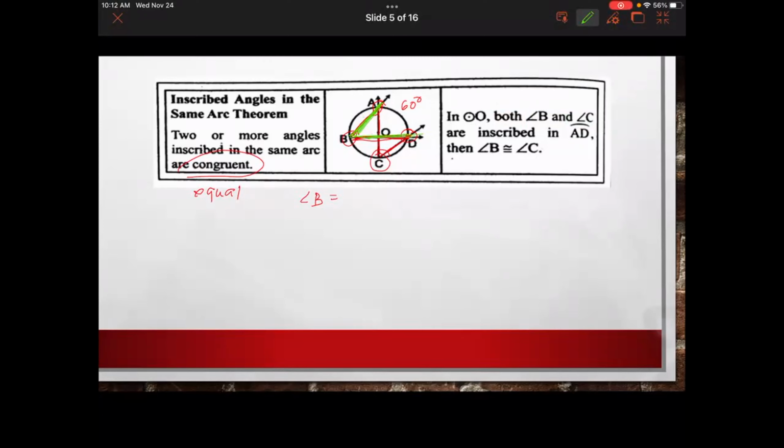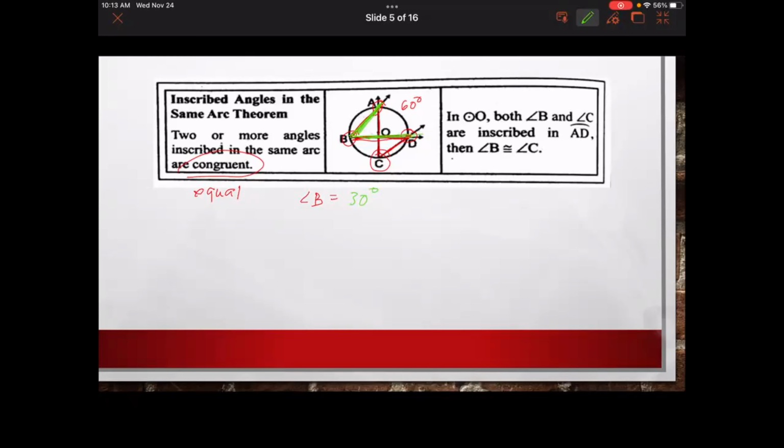So, what will be the measure of angle B? 30, because half of 60 is 30 degrees.